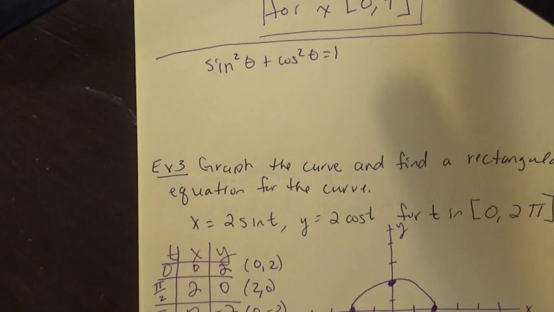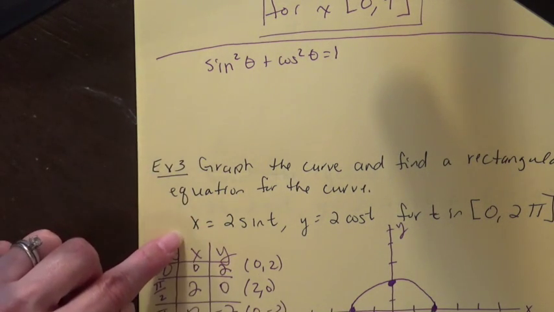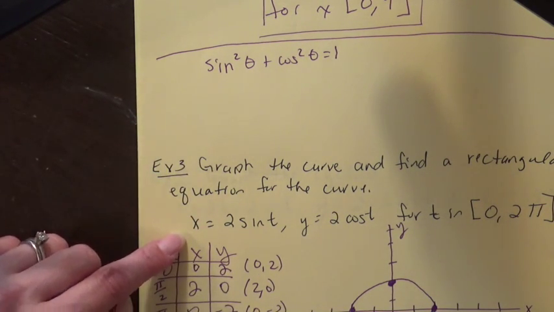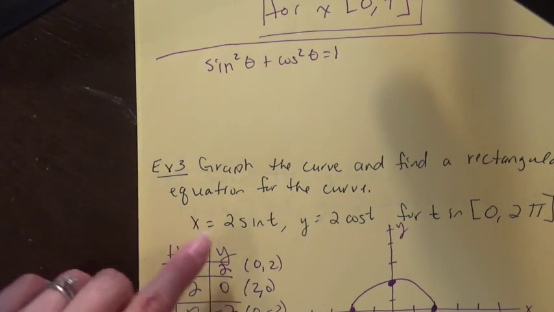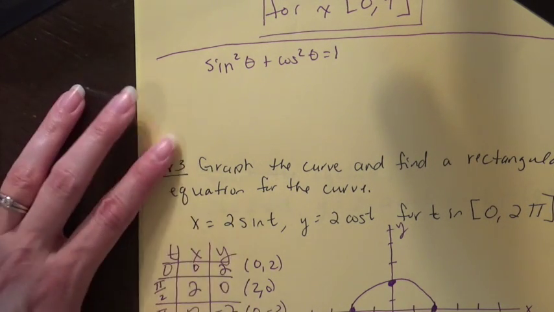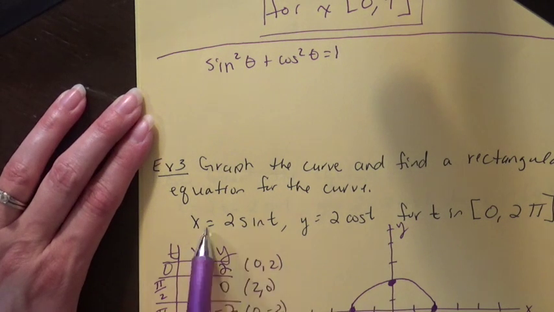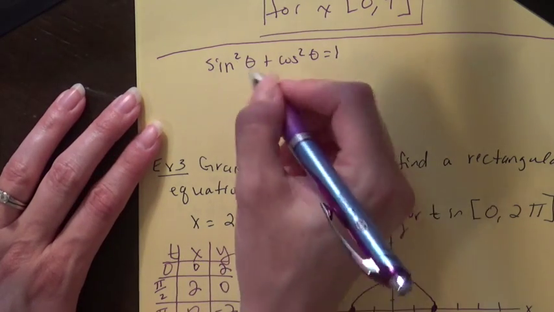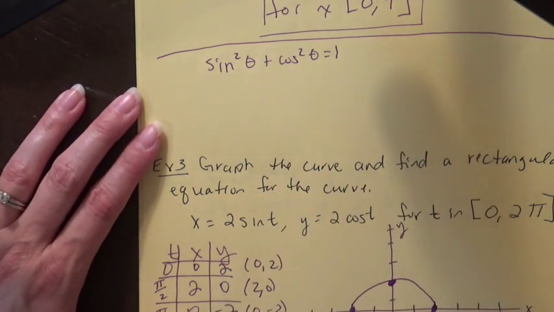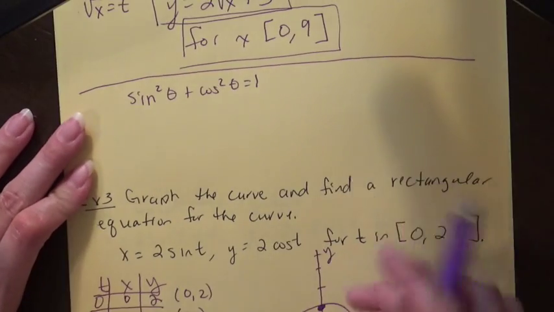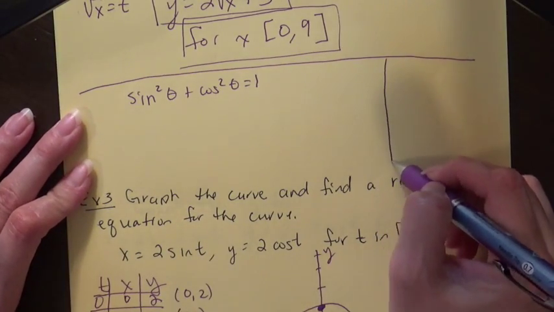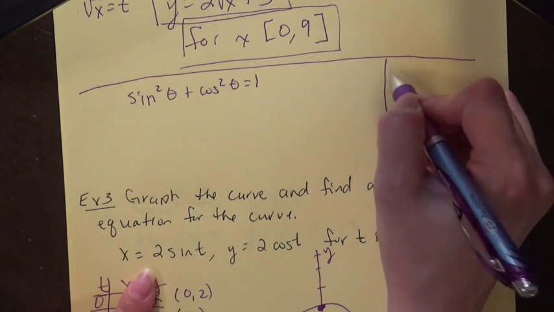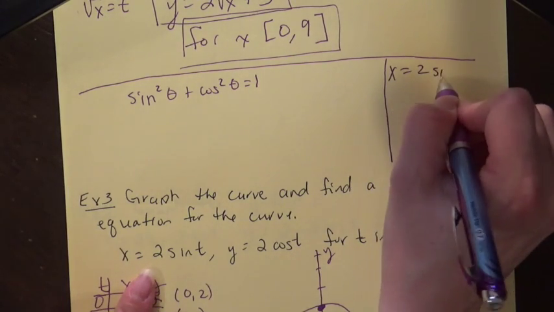So how's that going to help us? Well, if we substitute in, let's take what we've got, x equals 2 sine t. If I solve that for sine of t, that would be equal to x over 2. I'll do a little bit more scratch work and squeeze it in on the side. I have x equals 2 sine t.